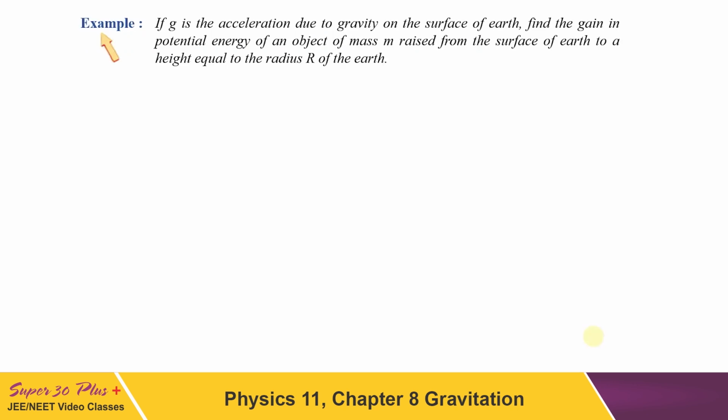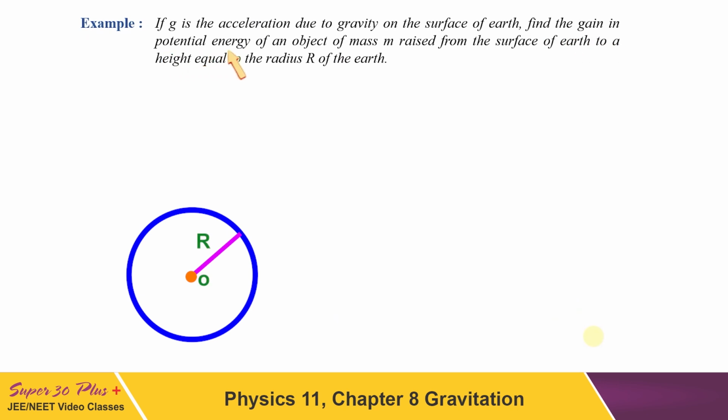Now let us do one example based on it. If g is the acceleration due to gravity on the surface of Earth, find the gain in potential energy of an object of mass m raised from the surface of Earth to a height equal to the radius R of the Earth. Here, this height is not a small height, it is equal to the radius of Earth.